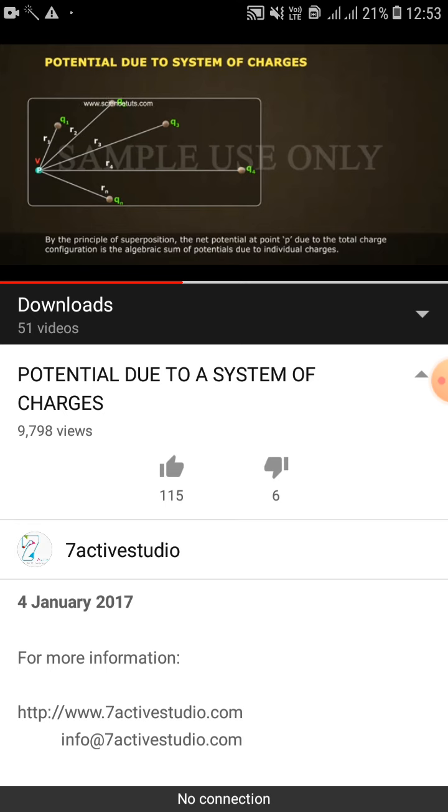By the principle of superposition, the net potential at point P due to the total charge configuration is the algebraic sum of potentials due to individual charges. V is equal to V1 plus V2 plus V3 and so on plus Vn.